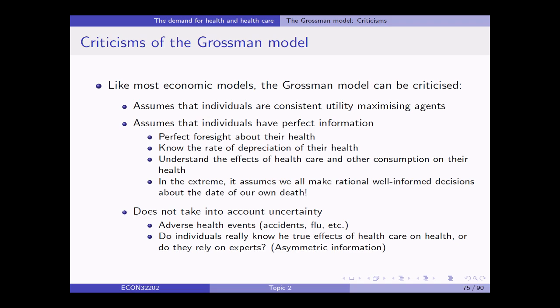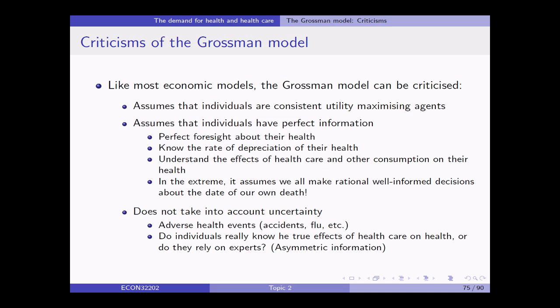Obviously that's not the case. We don't fully understand medical diagnosis, we don't fully understand medical treatments. We rely on qualified health and care professionals to give us advice and guidance. And as we'll come on to in the rest of today, that can lead to this phenomenon of supplier-induced demand.